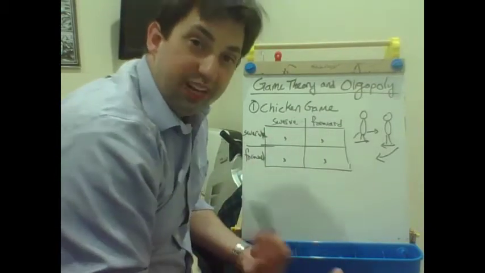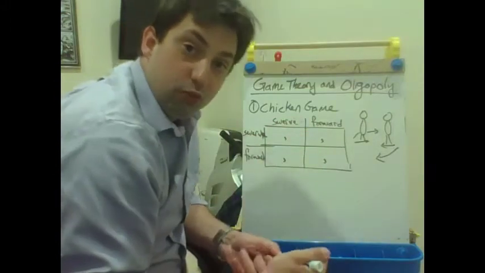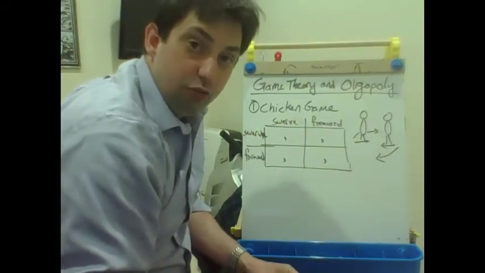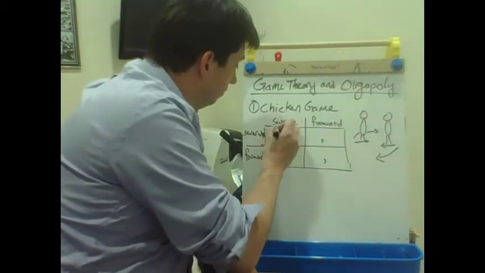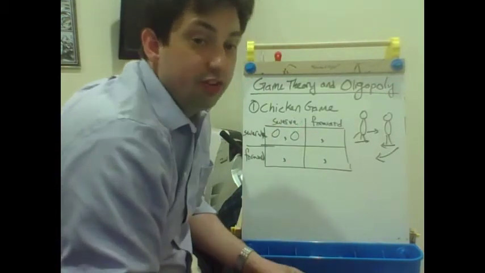Let's start with the most basic one and give us a baseline to work with, that they both get out of each other's way. So they swerve, and we'll put that at 0, 0. No one is happy about it. No one is sad about it.